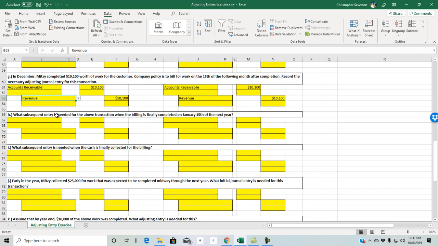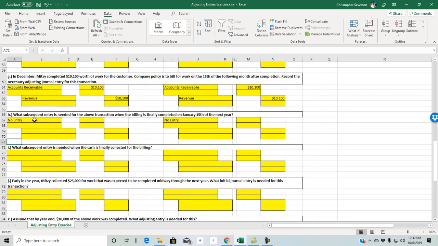There's really nothing more to do. We would have done the exact same thing, and we already did it. We already debited accounts receivable, credited revenue. That's the exact same thing we would have done. So now I'm just going to select, I added a no entry option. You can type it in or you can leave it blank, but I just put in a no entry option.